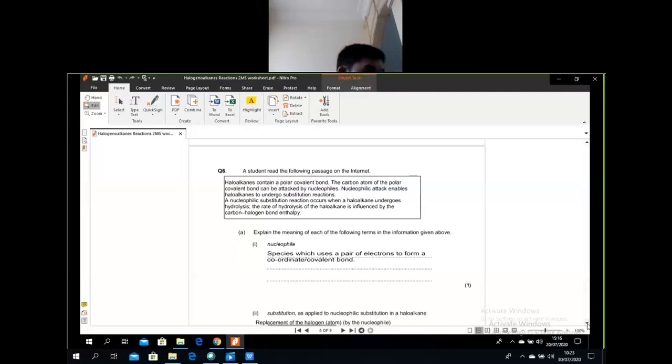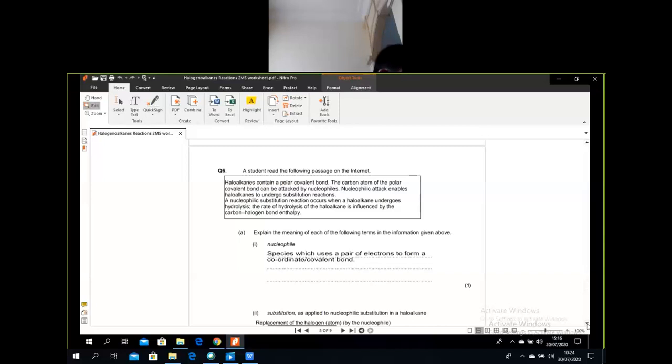The nucleophilic attack enables the halogenoalkane to undergo a substitution reaction. A nucleophilic substitution occurs when a halogenoalkane undergoes hydrolysis. Hydrolysis means the reaction using aqueous water, so it becomes an alcohol.